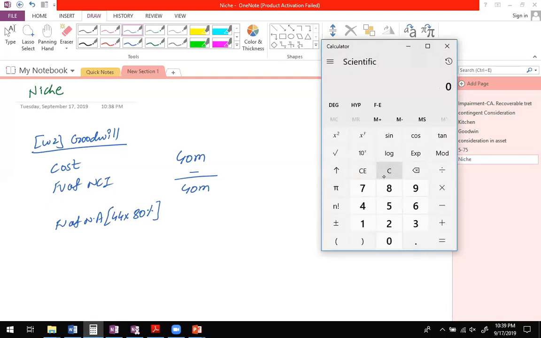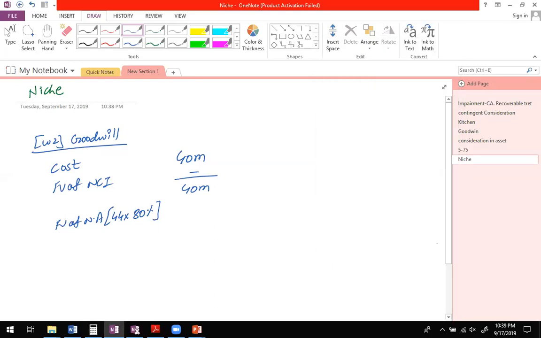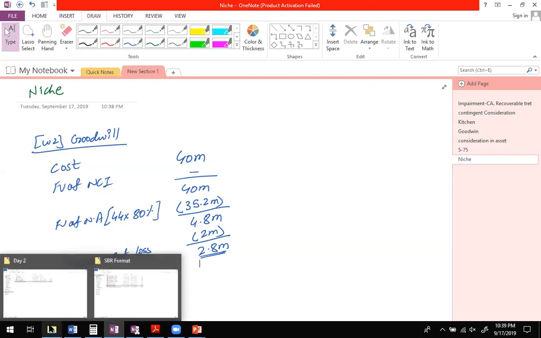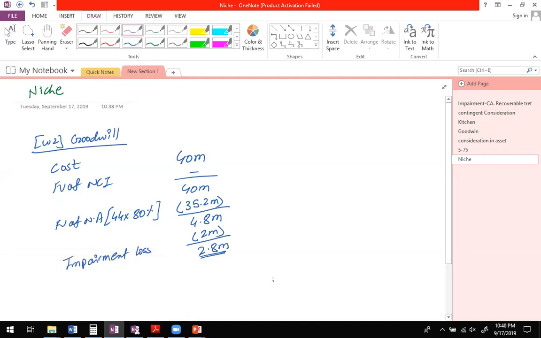So 44 into 80% will give us 35.2 of the net assets, and this will result in the goodwill being $4.8 million, after which there was an impairment loss of $2 million. So the goodwill after impairment is $2.8 million. So this is the first part that we have calculated. I hope there is no problem in this.